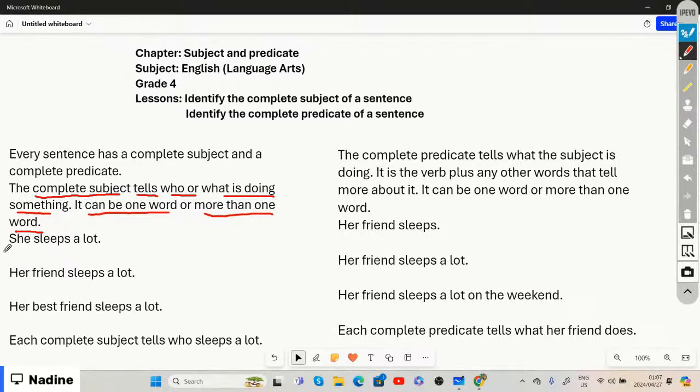And then we can say she sleeps a lot because she is our subject. So it can either be she or it can even be someone's name.